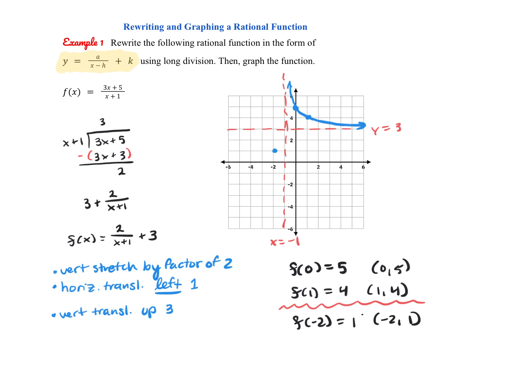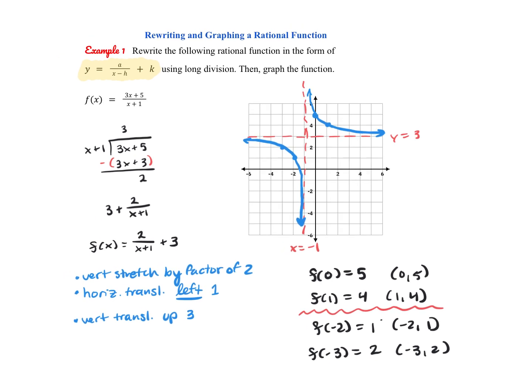And we could also plug in -3, which will give us 2 over -2, which is -1, plus 3 is 2. And then we're going to travel along the asymptotes while going through the coordinates, and we are done.